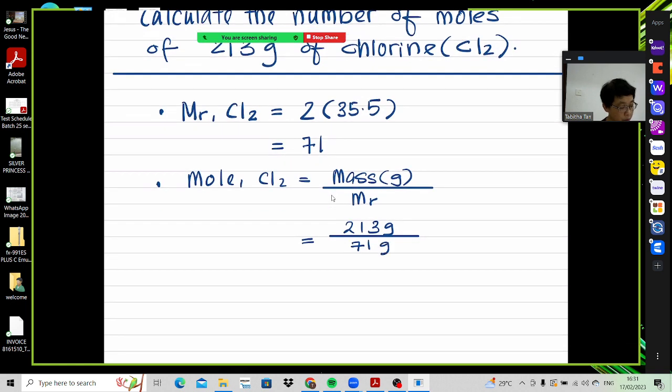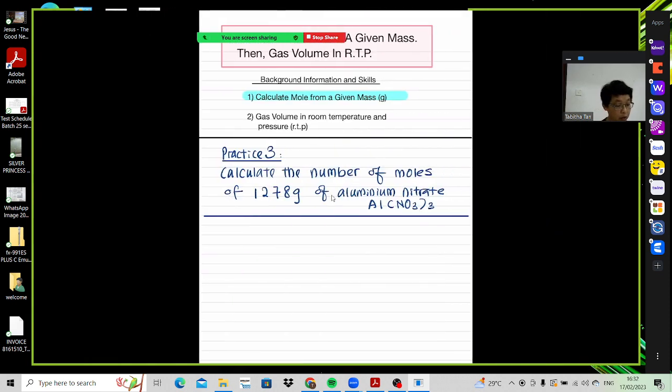If you want to put gram, it's fine because that's molar mass. And 213 divided by 71 will give you 3 mole. So that is the number of moles of chlorine in 213 gram. That's it. Now let's move on to the third example.